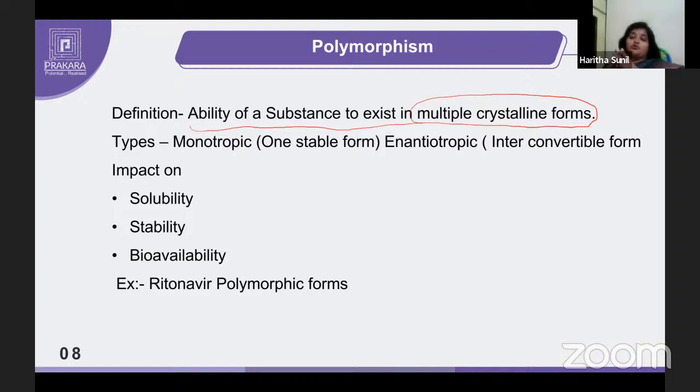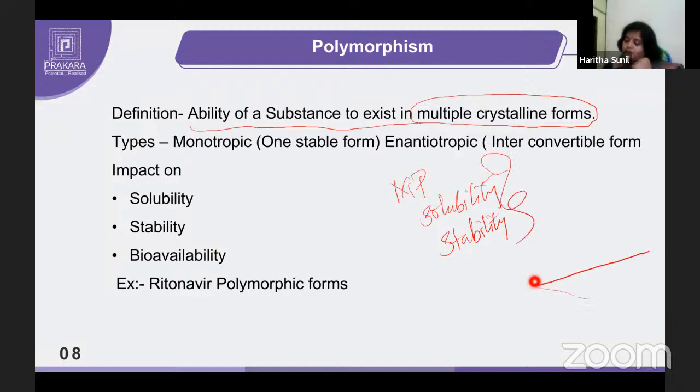It will not be similar to each other. So these crystalline forms or polymorphic forms differ in physical properties like melting point. They also differ in their solubility and also stability. So each type of polymorph differs in melting point, solubility, as well as stability.